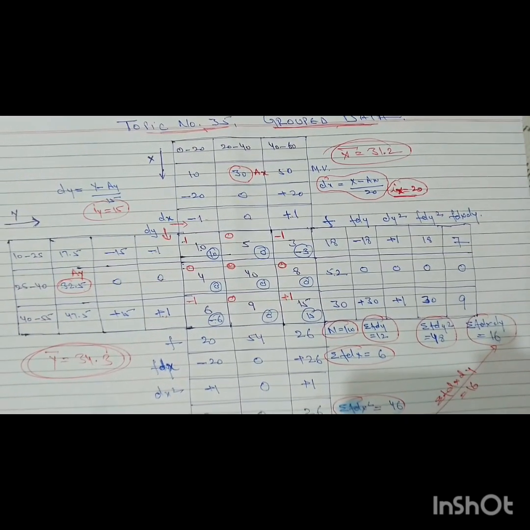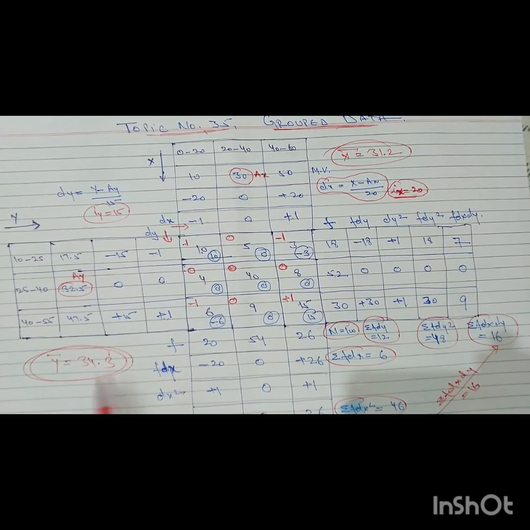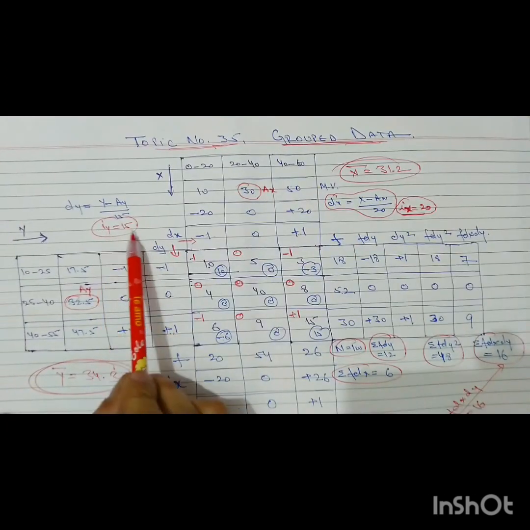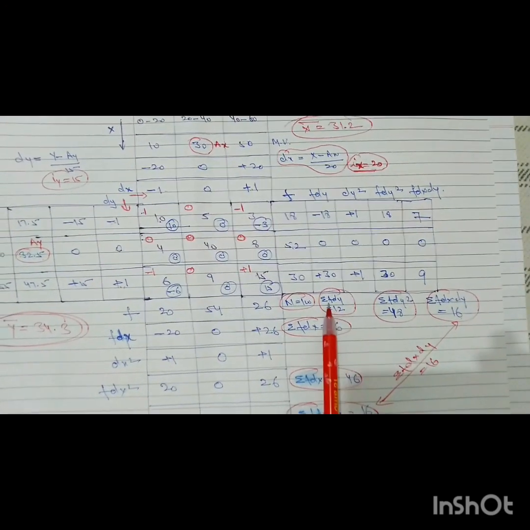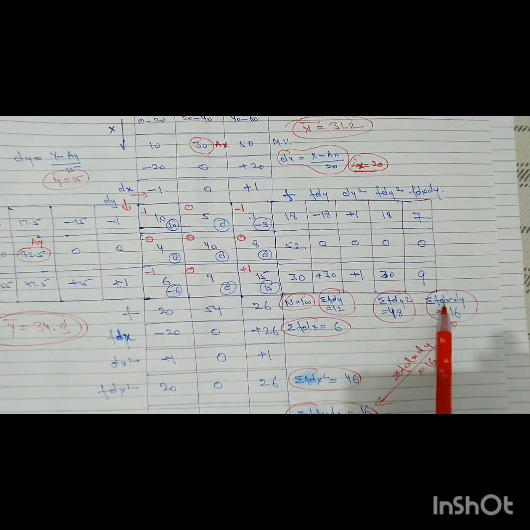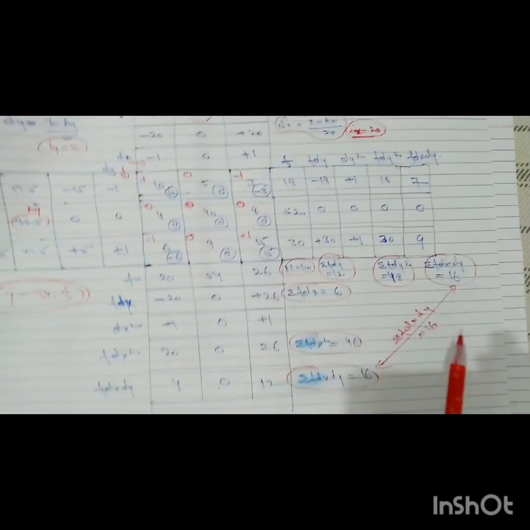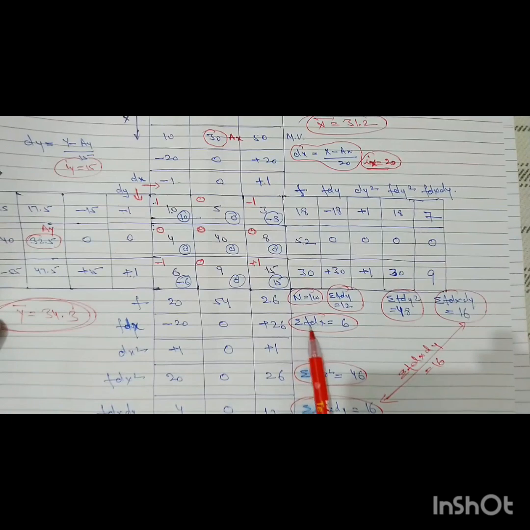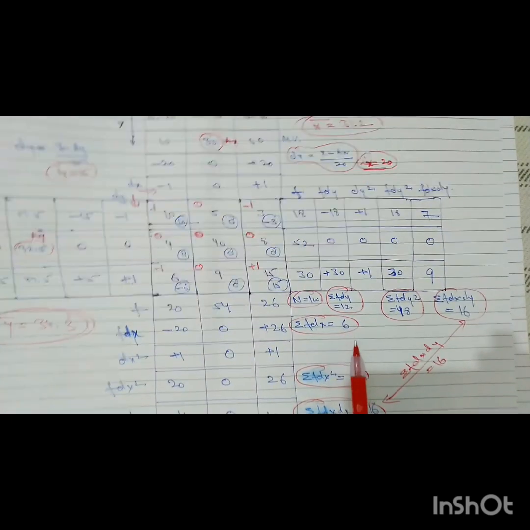Now we have everything. Y mean is 34.3, x mean is 31.2, ix is 20, iy is 15, n is 100, summation f dy is 12, summation f dy square is 48, summation f dx square is 46, summation f dx dy is 16, summation f dx equals 6.